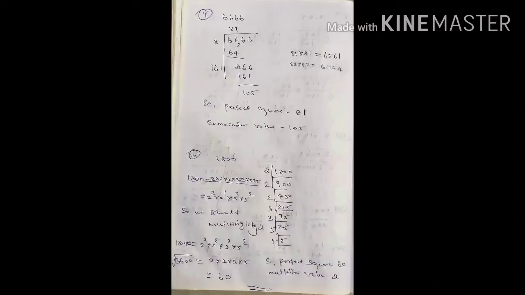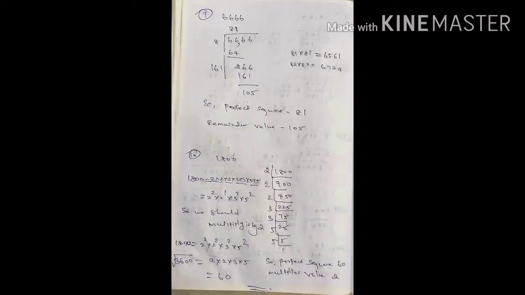So in extra we multiply by 2, and it becomes a perfect square number. So we should multiply it by 2 on both sides. So 1800 multiply 2 equals 2 power 2 multiply 2 power 2 multiply 3 power 2 multiply 5 power 2. So 1800 becomes 3600.